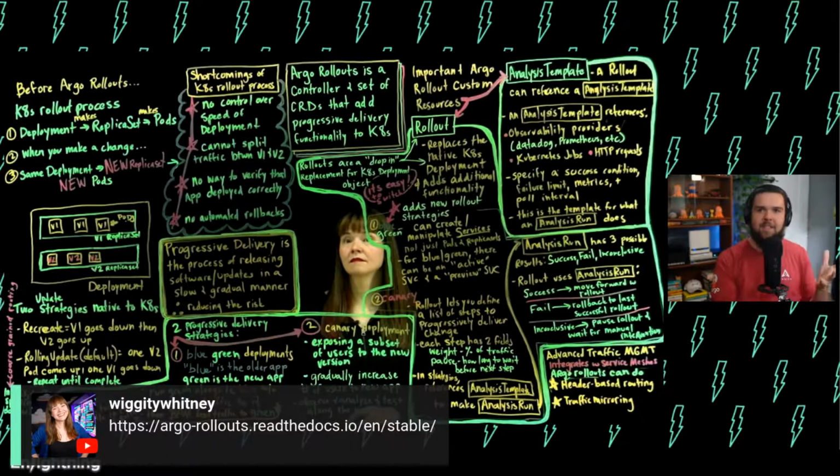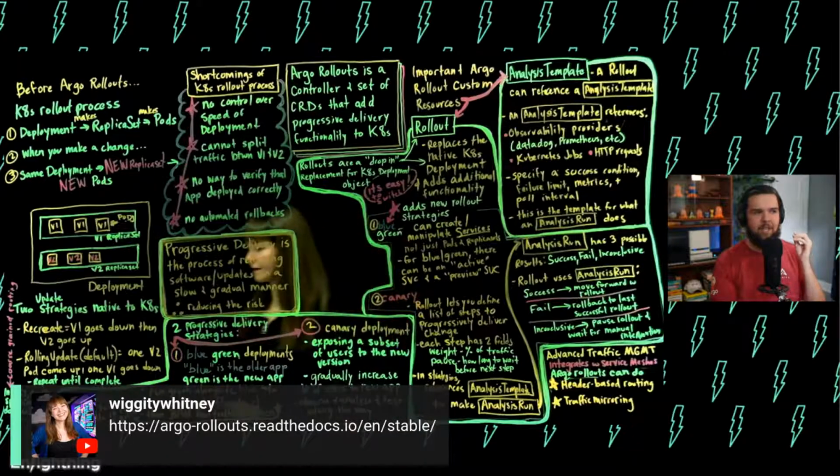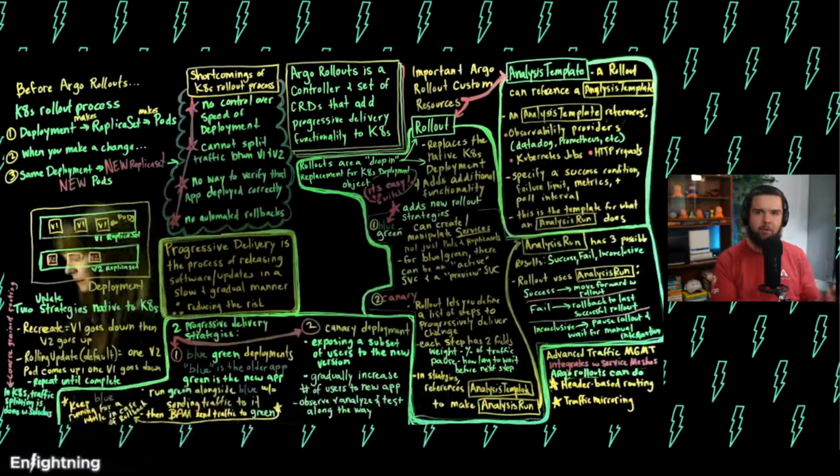But after you've started looking at the docs and you want to go try it, definitely check out the examples in the Argo Rollouts repository, because there are a ton of analysis template examples and rollout examples that you can go and actually play with on your own.